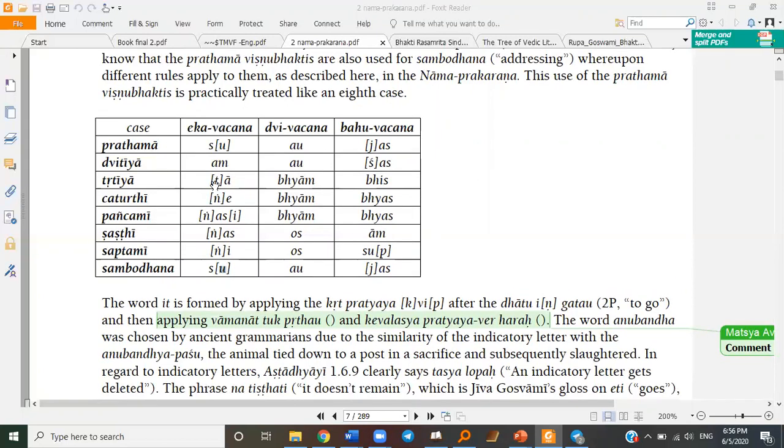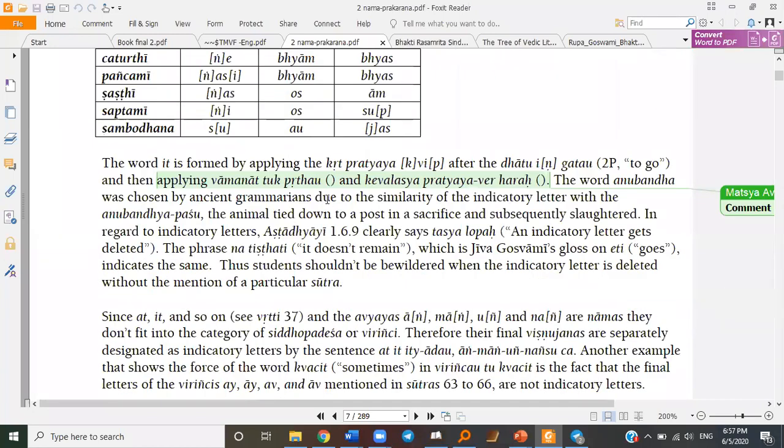These are all indicatory letters in brackets, and they do not remain. They get deleted. So you can memorize Sumojas, Samoshas, Tabhyambhis, and so on. By Monday, I think everyone should memorize it. Okay.